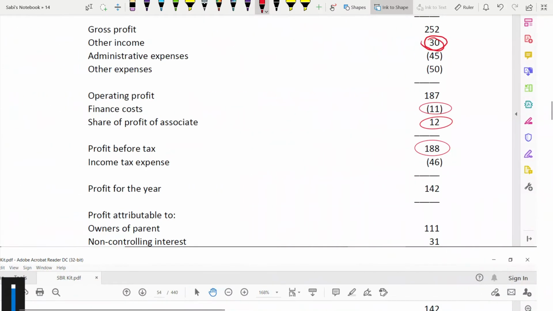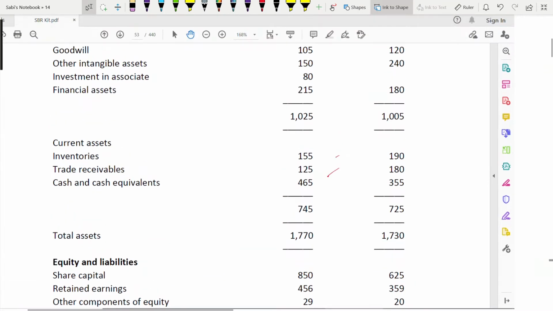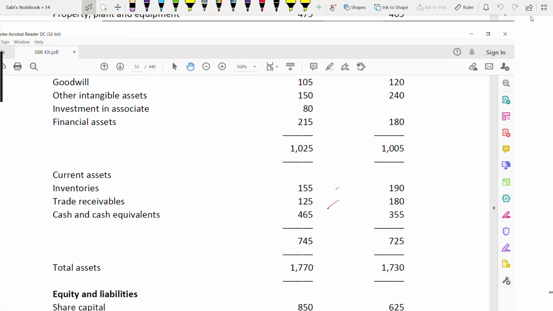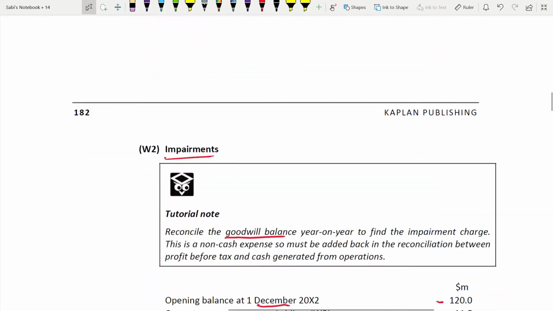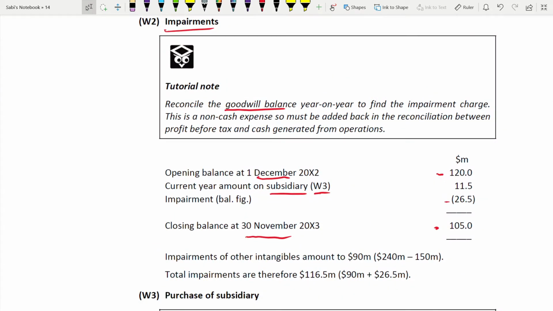If you go to your statement of financial position, you will see the goodwill amount is there. 120 versus 105. So goodwill has 120 and 105 is the closing balance. Then we have the current year amount on subsidiary. Working 3, 11.5.